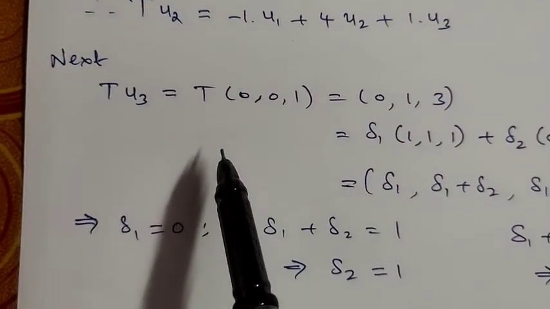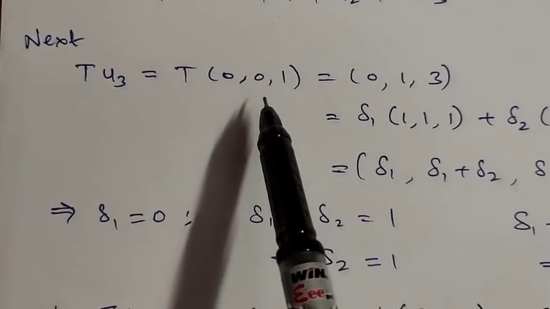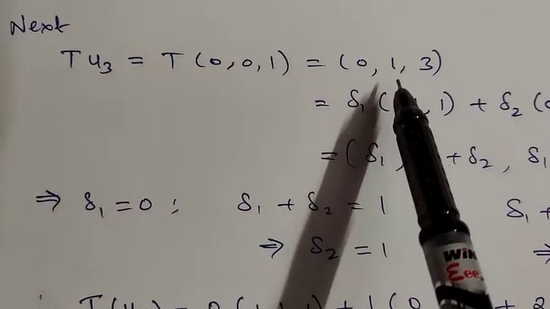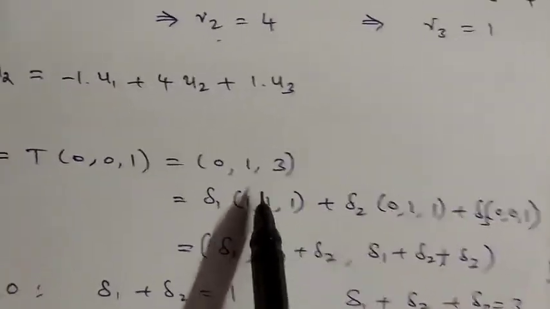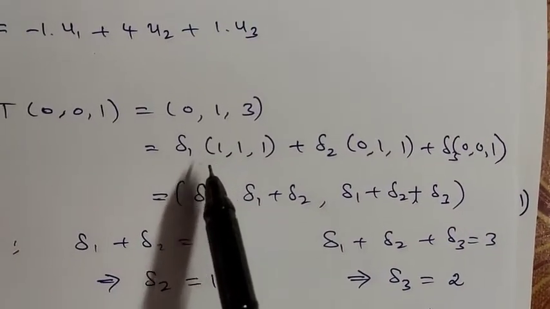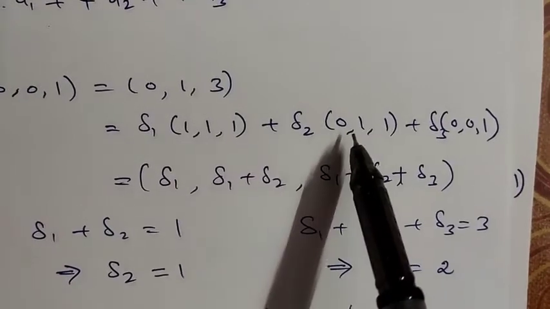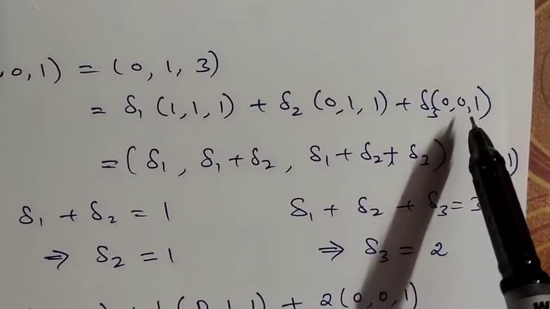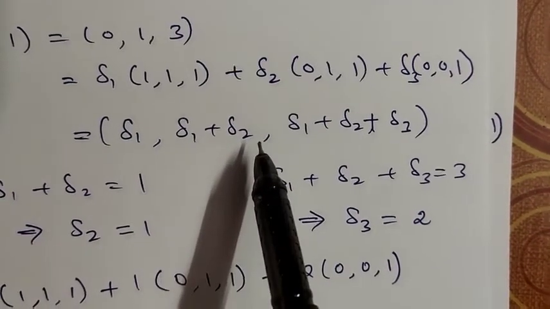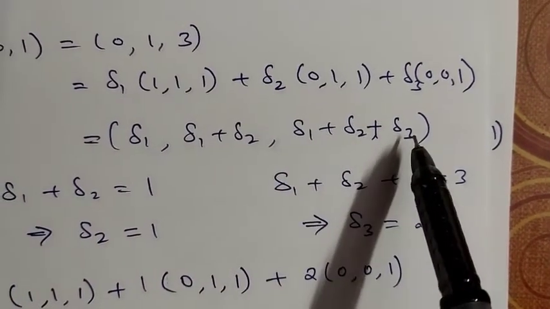Therefore T of u3 is T of (0, 0, 1). T of (0, 0, 1) is what? (0, 1, 3). This is equal to delta 1 into (1, 1, 1), delta 2 into (0, 1, 1), delta 3 into (0, 0, 1). So this is delta 1, delta 1 plus delta 2, delta 1 plus delta 2 plus delta 3.